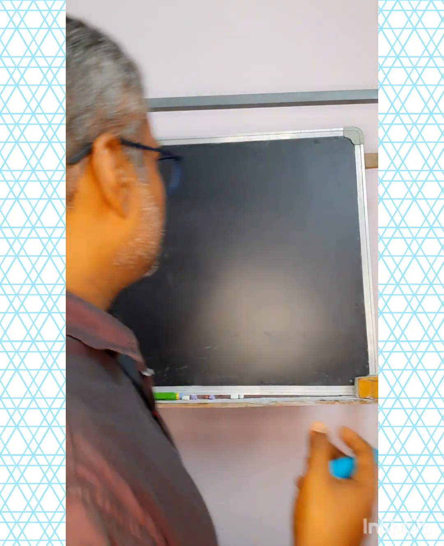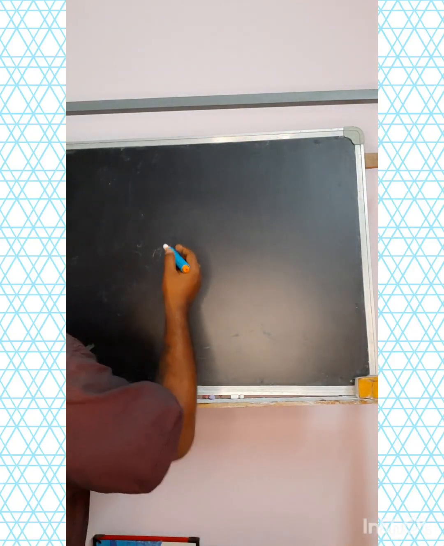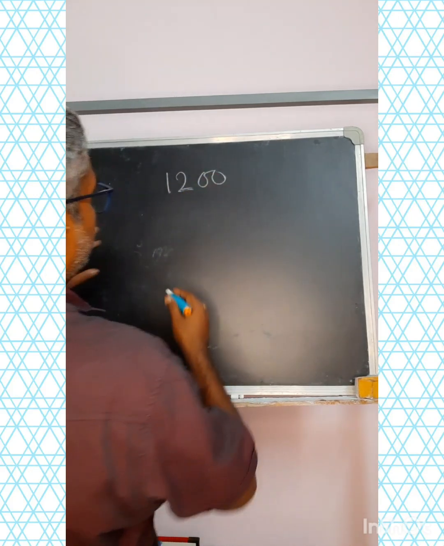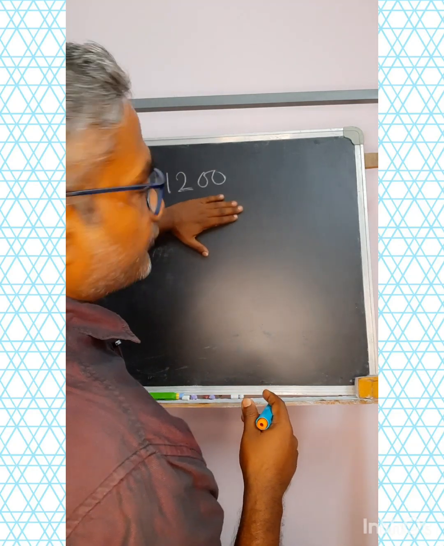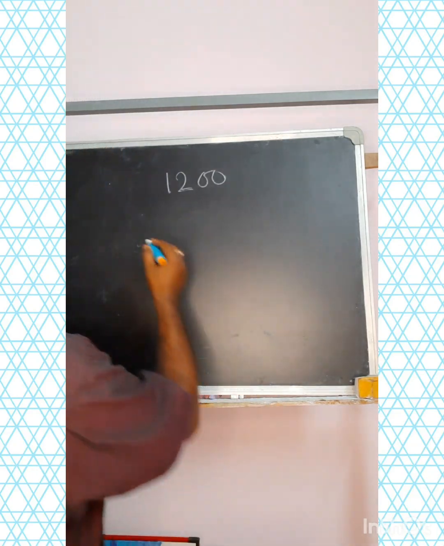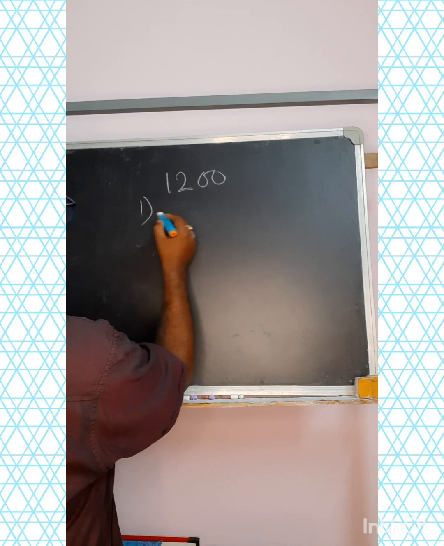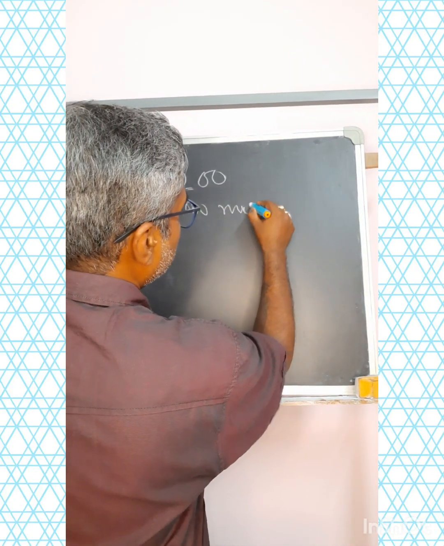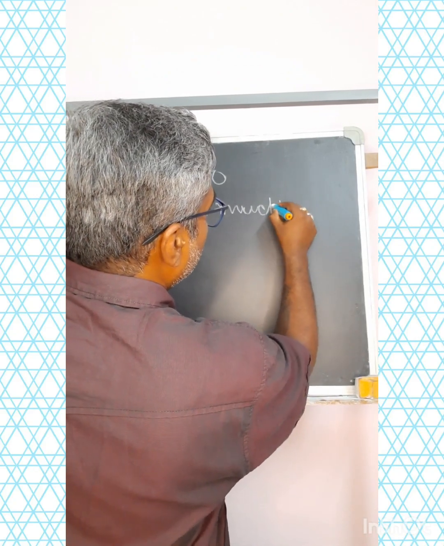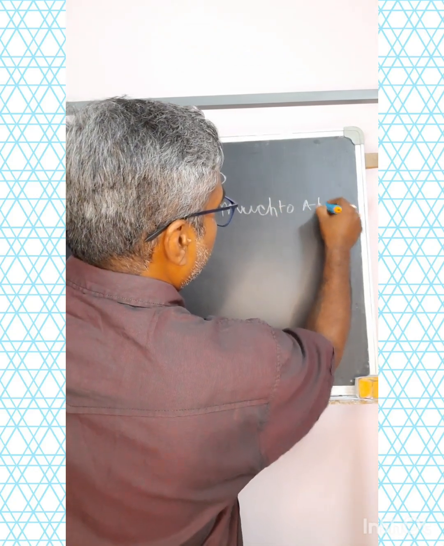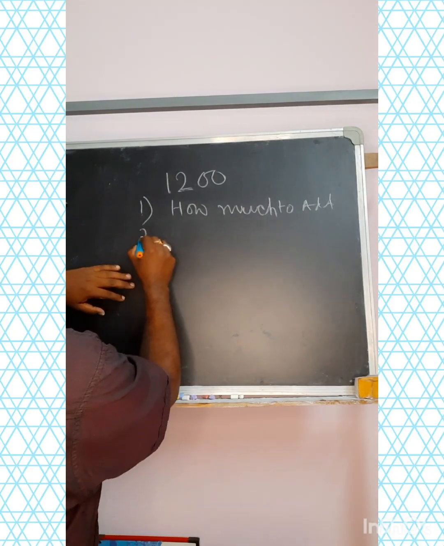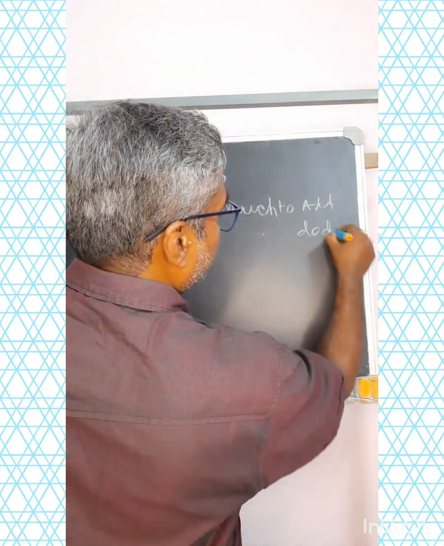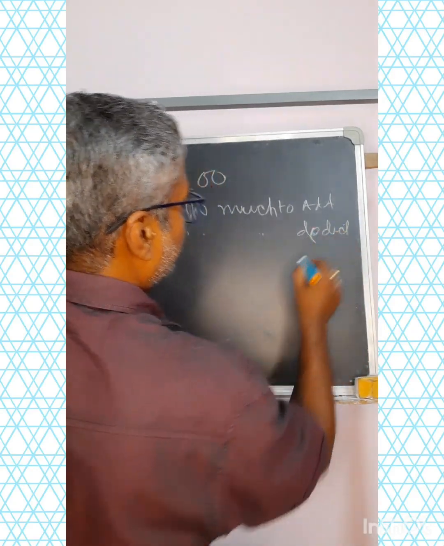So let's start. This concept says, if any number, let's say 1200, has to be a perfect square, there are four kinds of questions that may come. One, how much to add to make it a perfect square, or how much to deduct to make it a perfect square.